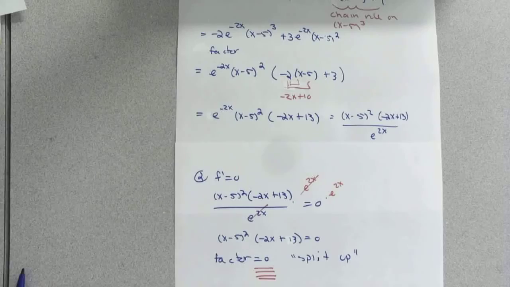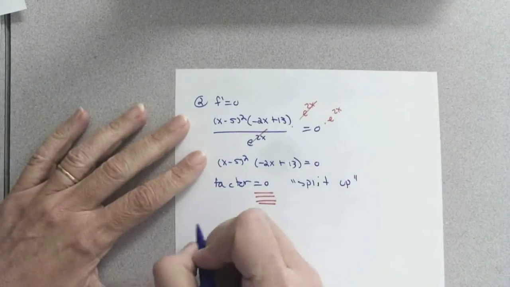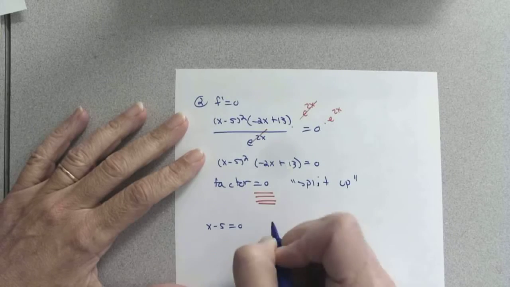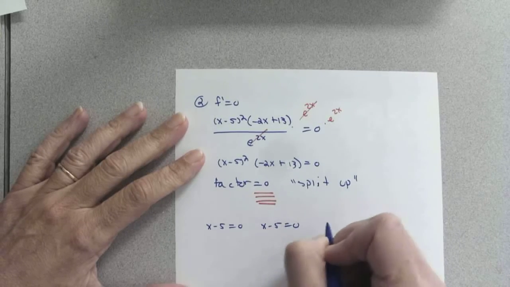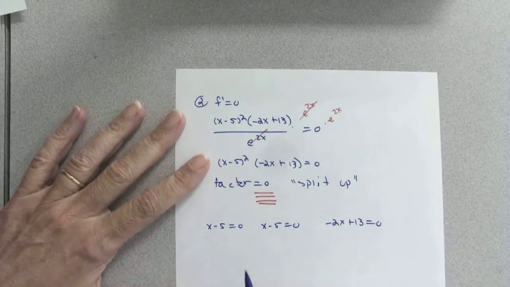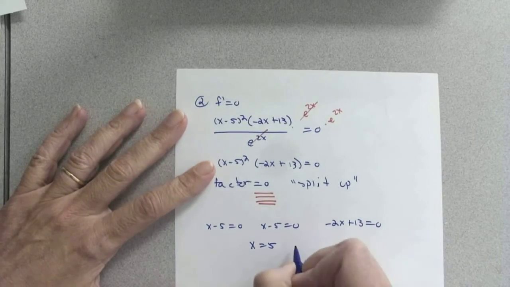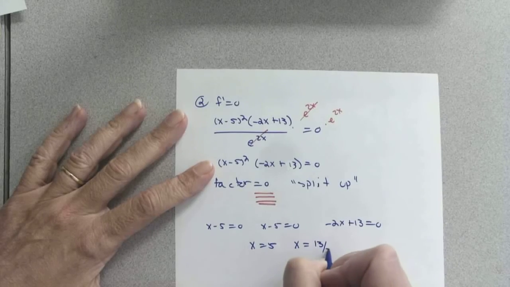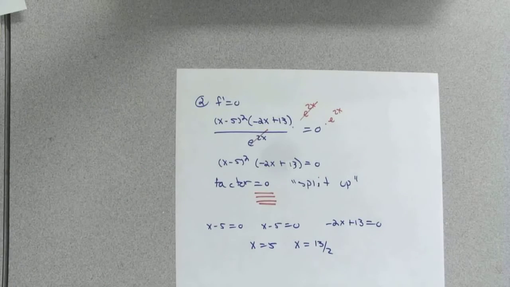It's factored and equal to 0. So I can split this up. And very technically, I have x minus 5 equals 0, x minus 5 equals 0, negative 2x plus 13 equals 0. So I get x equal 5 and x equal 13 halves. And there are my first critical numbers.